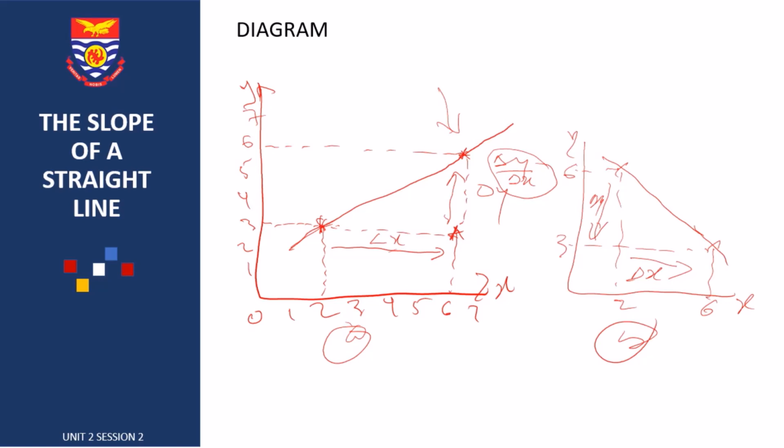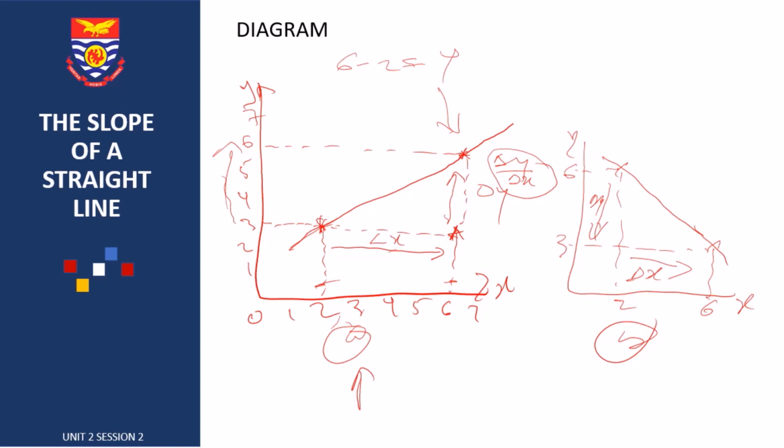In panel A, when x increases from 2 to 6, y increases from 3 to 6. So the change in x is 6 minus 2, which gives me 4.